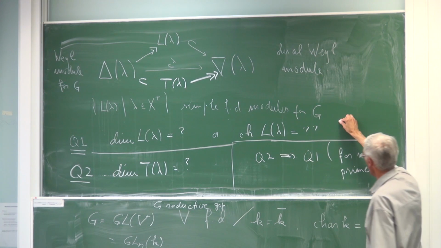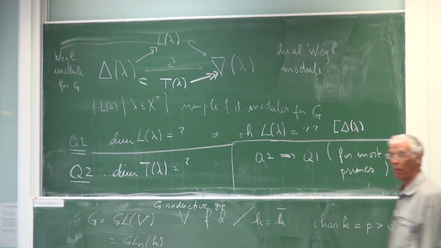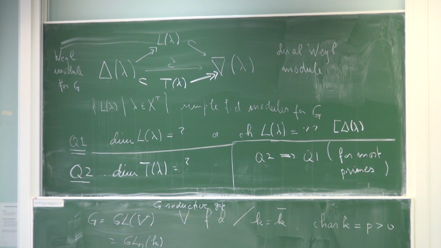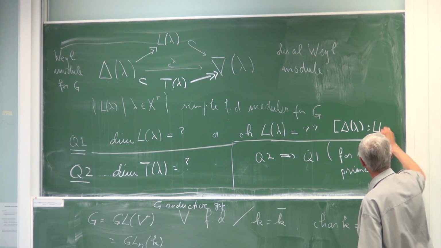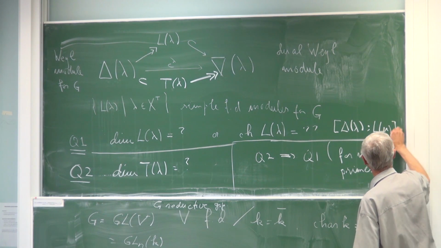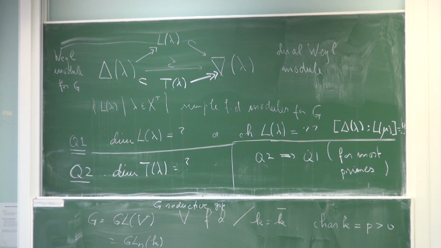But I could now reformulate question 1, because as I told you, the delta lambdas we know all about. We know their character formula given by Weyl's formula. So it turns out that finding the dimension of the irreducibles will be equivalent to finding these numbers: the composition factor multiplicity of L mu in all of the delta lambdas.